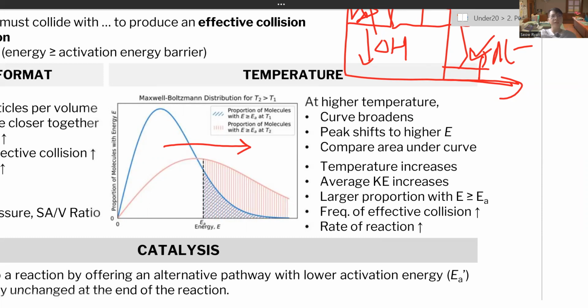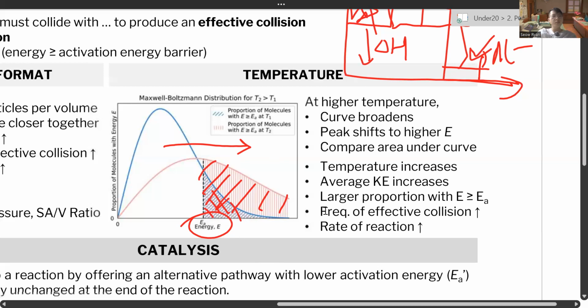But to ensure that the area under the curve remains the same, it has to broaden and become shorter. If you look at this energy here, this EA, anything above it now occupies a larger area as opposed to that at the lower temperature.